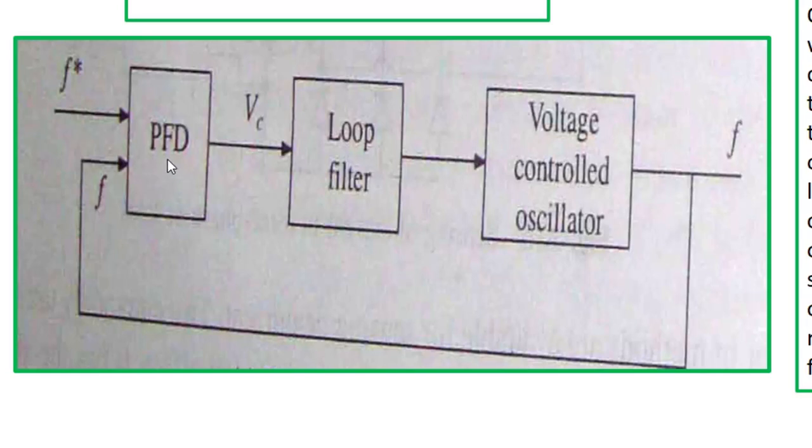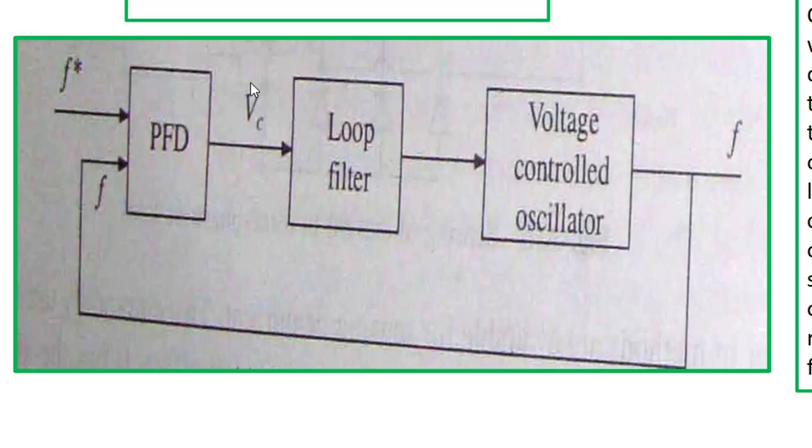After comparing, the phase detector will generate a pulse width modulated voltage control signal. The magnitude of this signal will increase if the phase difference is more, or decrease accordingly. The magnitude may be positive or negative based on whether this signal is lagging or leading.